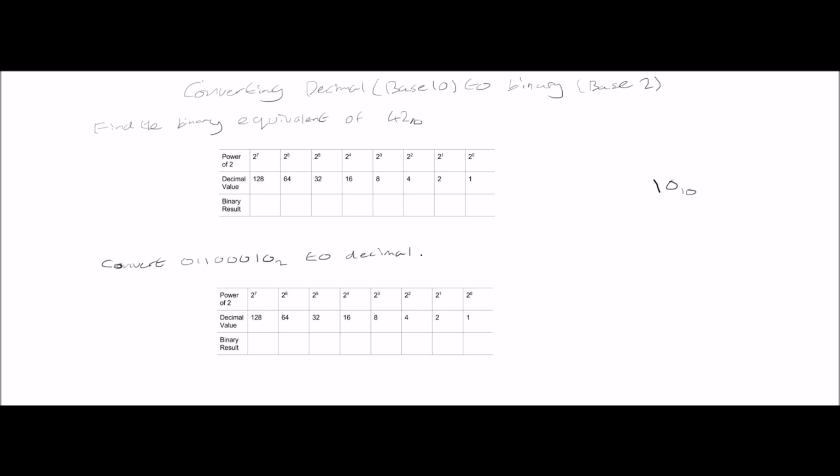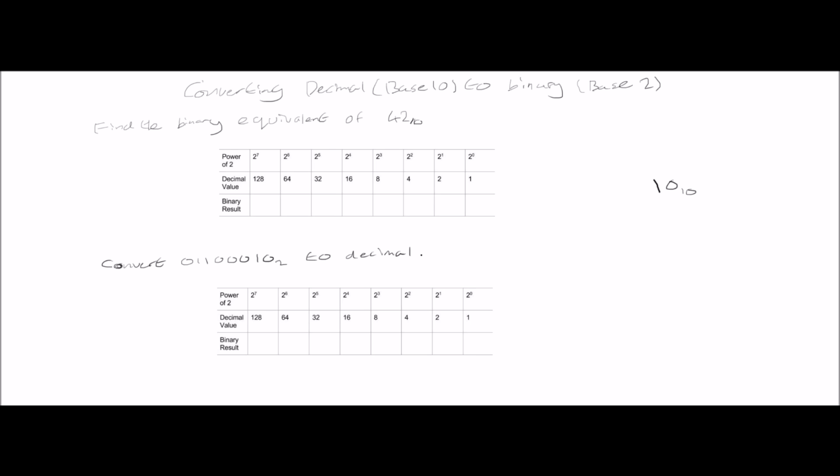Okay, so the reason I've written these powers of 2 here is because you can find the decimal value that you're going to need in this row by doing 2 to the power of whichever bit you're on, starting from the least significant bit.